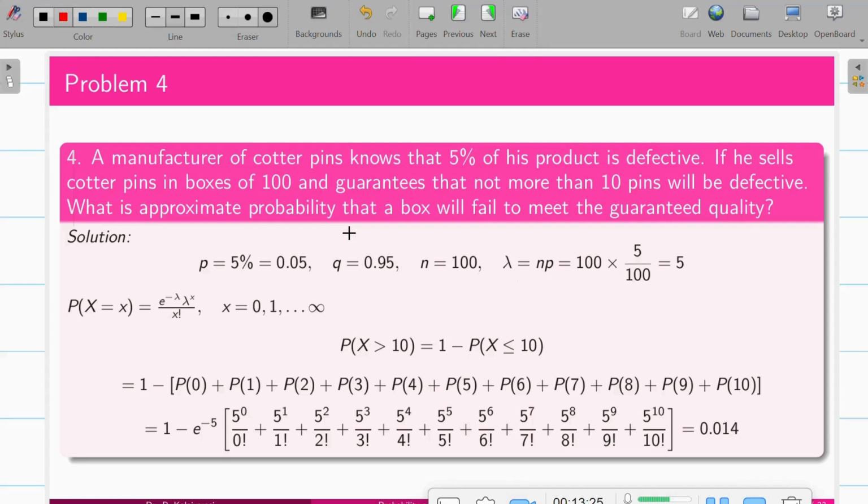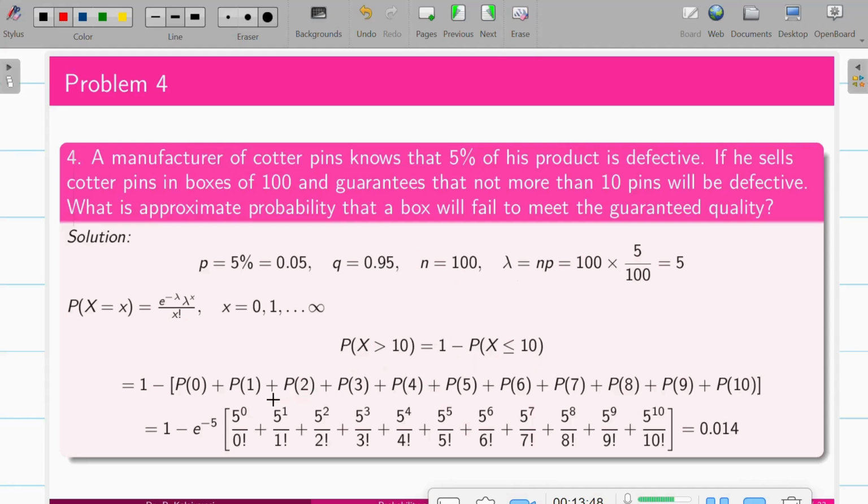It is not more than 10 pins will be defective. So that fails in the sense that more than 10 pins will be defective. So it is probability of x greater than 10. So it is 1 minus P of x less than or equal to 10. Greater than 10, I don't want to go more because you have 100 pins, right? So make it refined, it's 1 minus P of x less than or equal to 10.